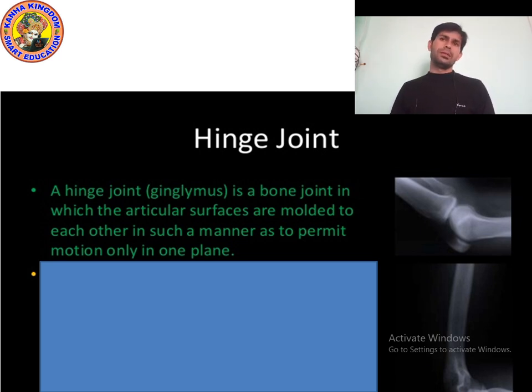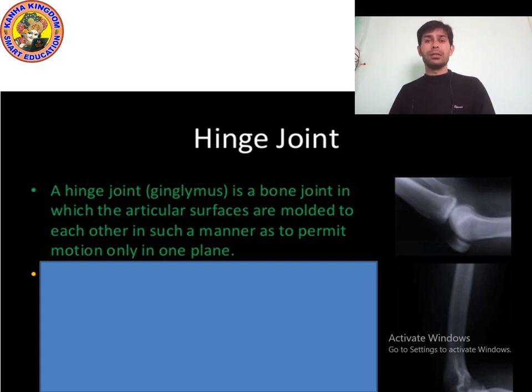I hope you understood about it. It's very easy, as you can see in the picture. It's very easy to memorize. So, what is a hinge joint? A hinge joint is a bone joint in which the articular surfaces are molded to each other in such a manner as to permit motion only in one plane.